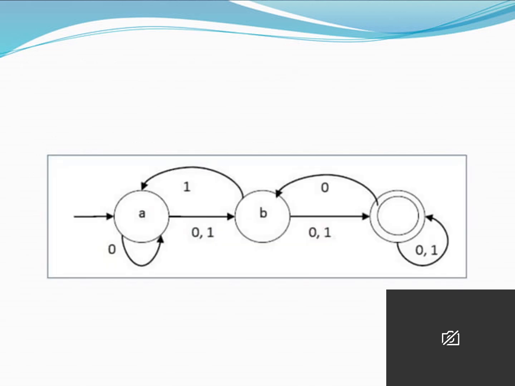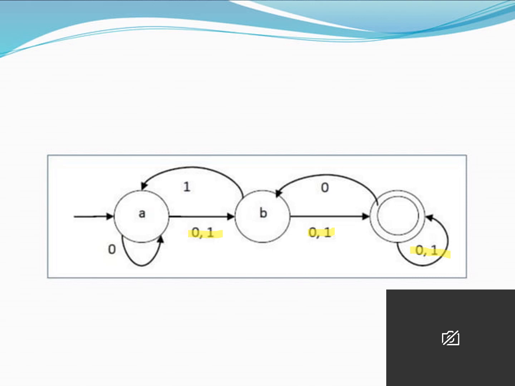Here also we are going to represent the graphical representation. The starting state is represented by a single arrow, and each arrow mark represents the input symbols given to each state. When one input is given, it moves on to the next state. Here for non-deterministic, we have not only one input symbol, it can have many input symbols, and one or two input symbols can move from one state to another.